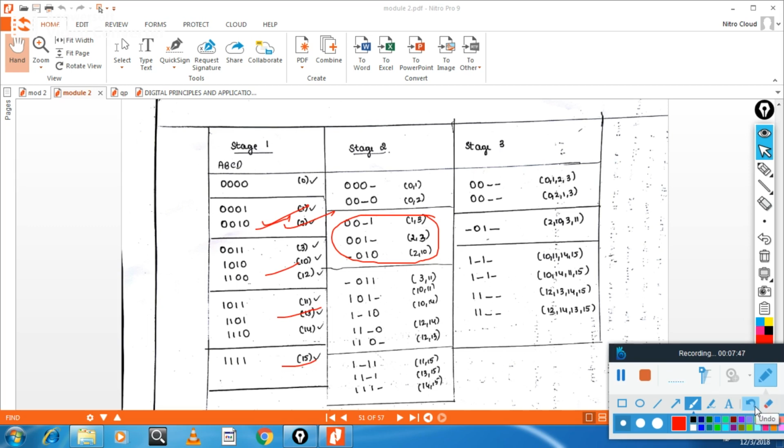After this, you compare this one with this one. So write all the combinations. That is the second stage. Now you compare this one with this one, first one with the third one, something like that.